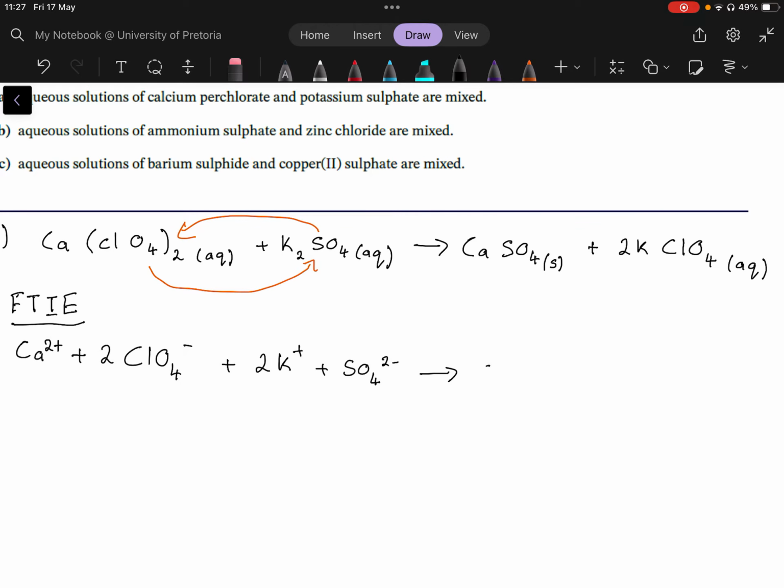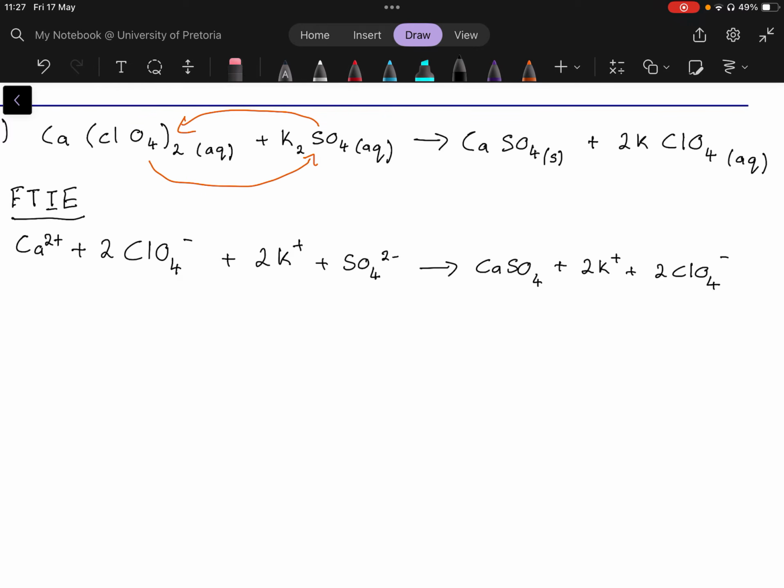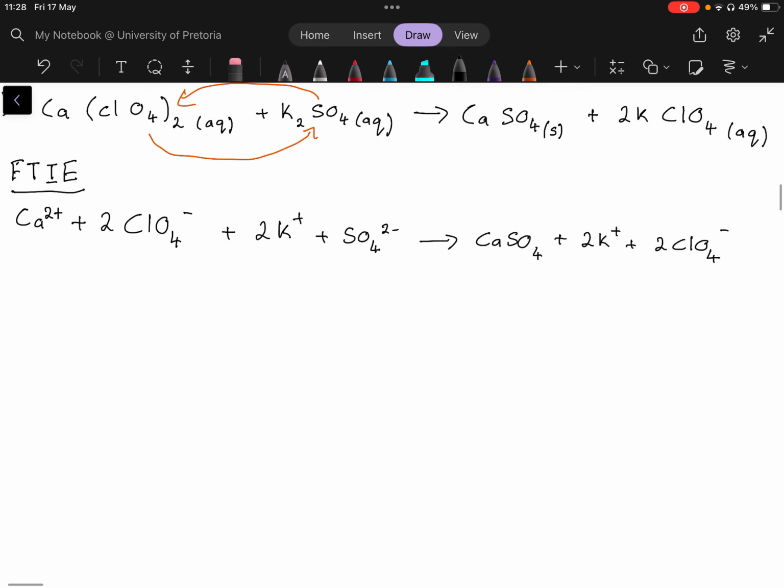This gives us calcium sulfate, a solid, so it does not split. It's not dissolved. And again, 2 potassium plus 2 ClO4-. Okay, so that's our full ionic equation, also called the total ionic equation.